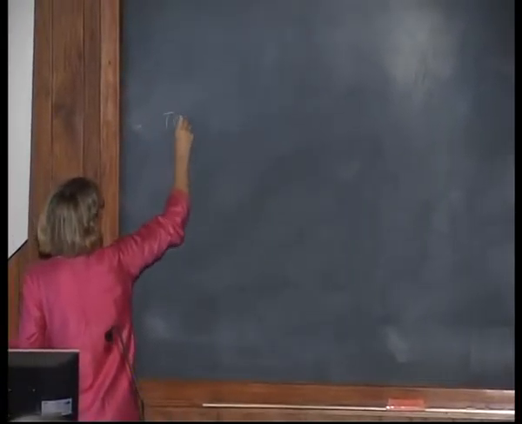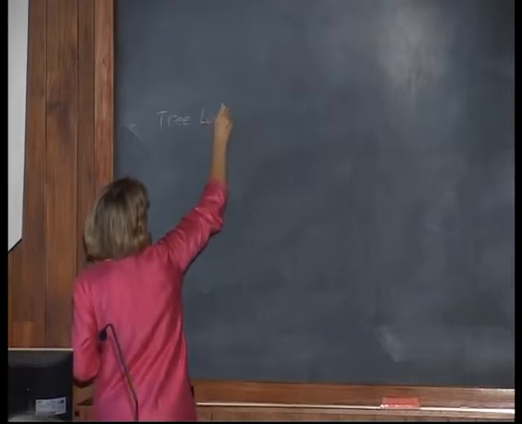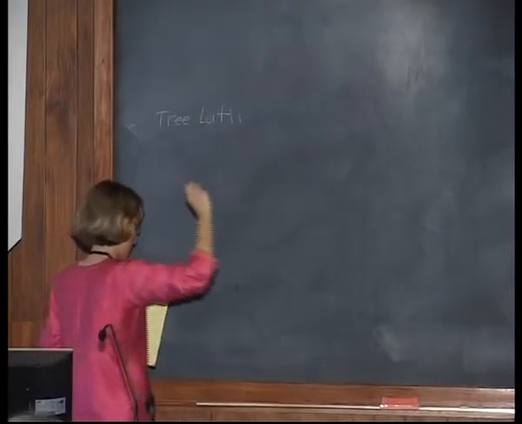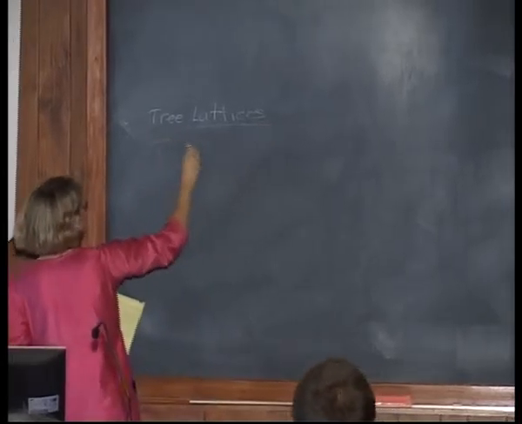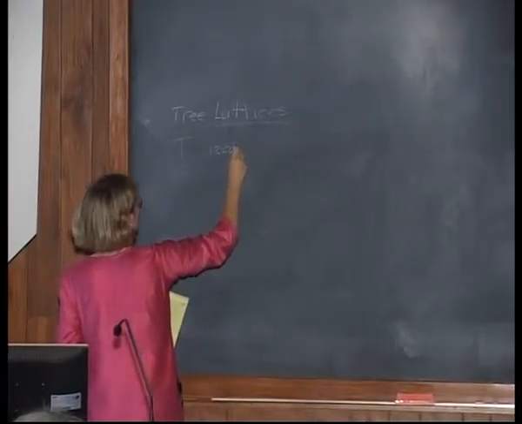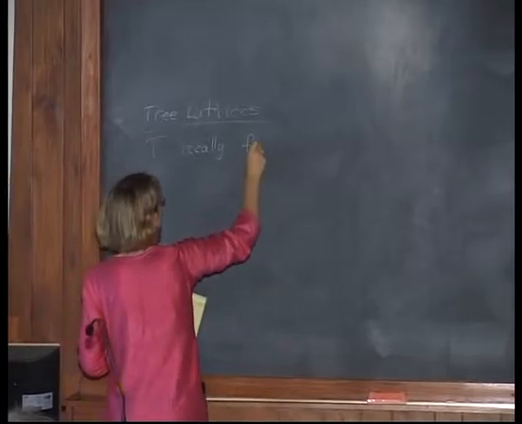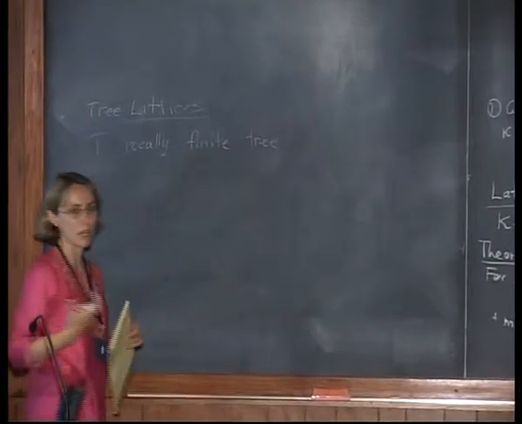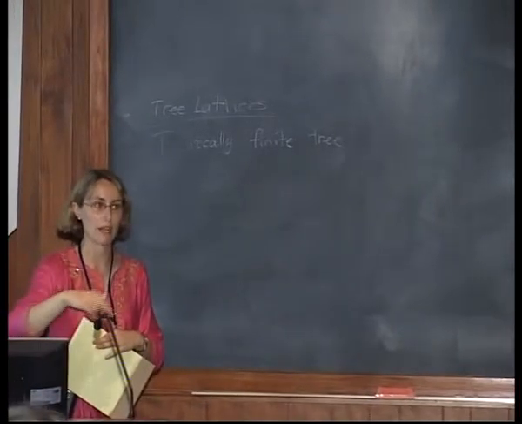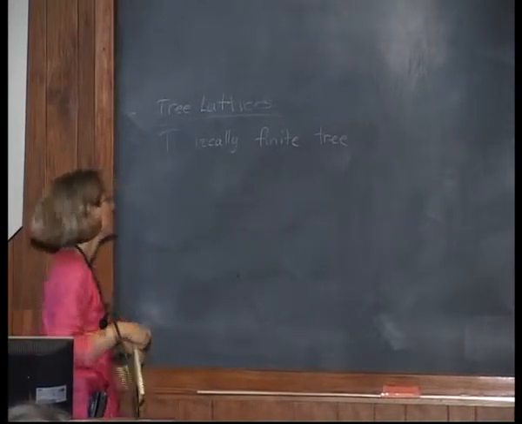So my second setting is lattices in automorphism groups of trees. So I'll call this tree lattices. So T here is a locally finite tree. By this I mean a simplicial tree so that there are finitely many edges glued around each vertex.